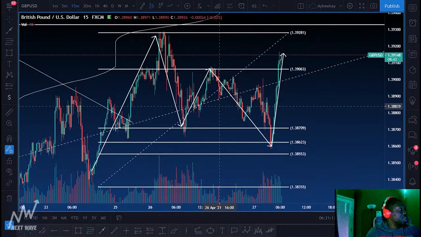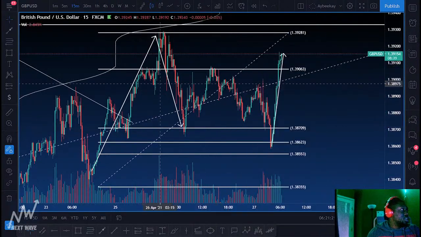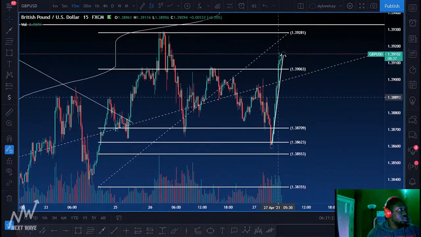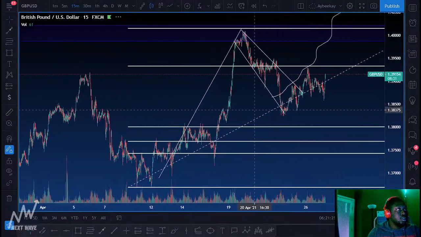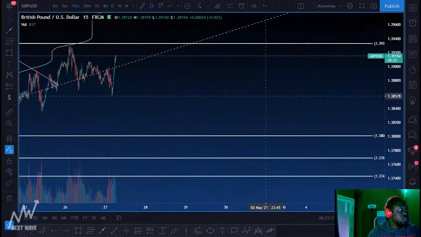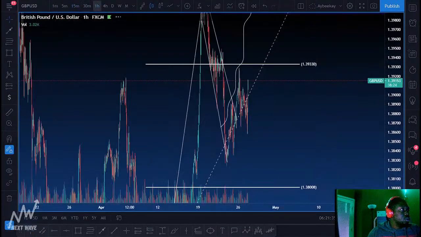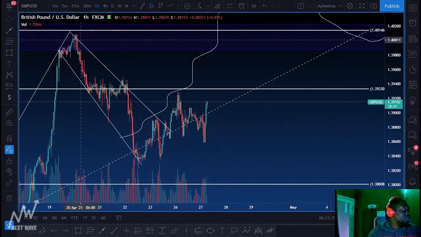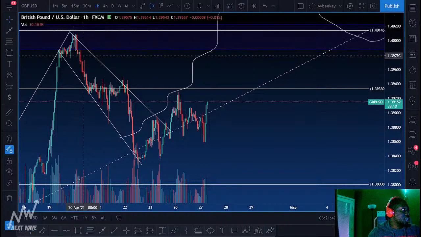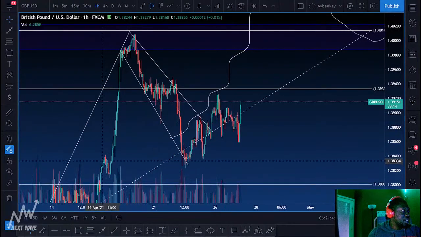But what it could very well be doing as well, let me go ahead and delete all of this. Before I even do that, let me say that on the 1 hour time frame, one may argue that this is bearish. Definitely not bearish, because it didn't make a lower low.